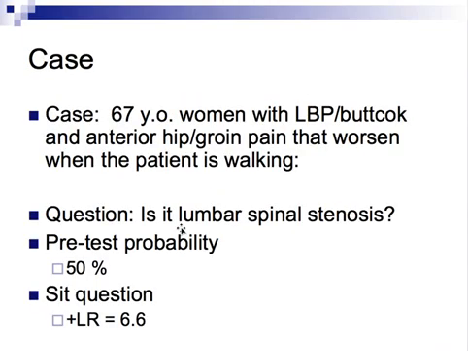So let's say we have a 67-year-old woman with low back pain and buttock pain, anterior hip and groin pain that worsens when the patient is walking. And we're going to look at the value of different questions we would use in the screening, or in the subjective history that we gained from this particular patient.